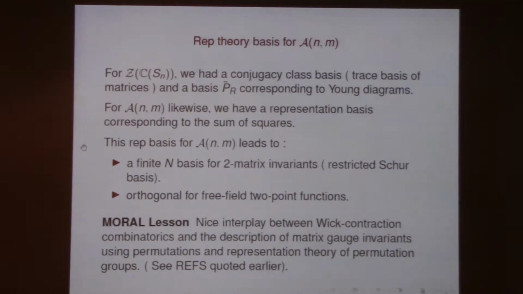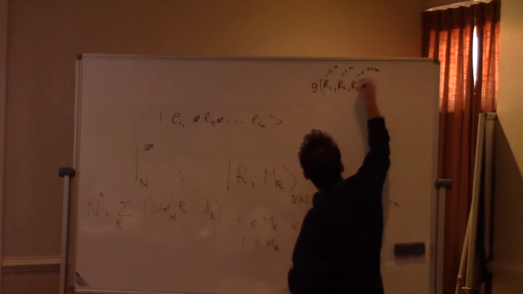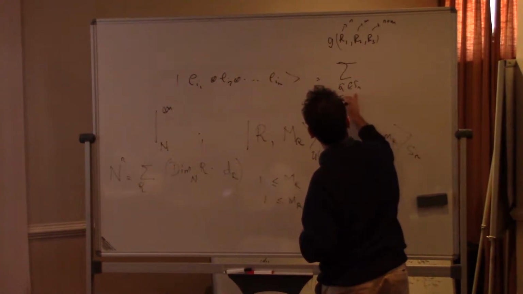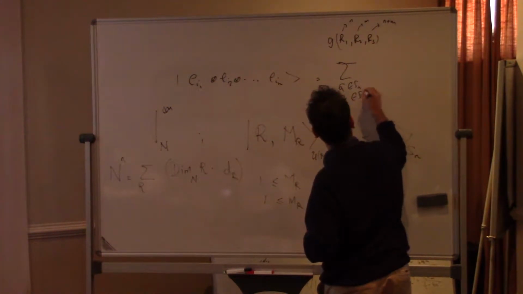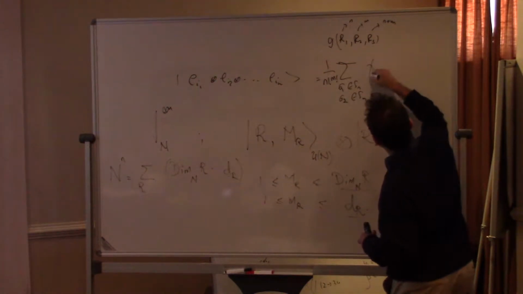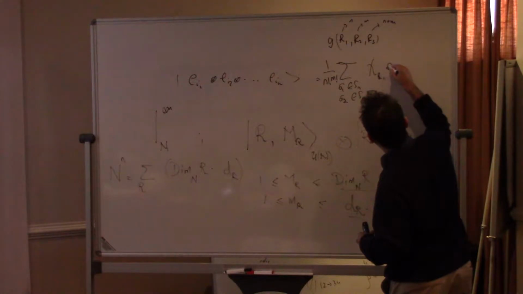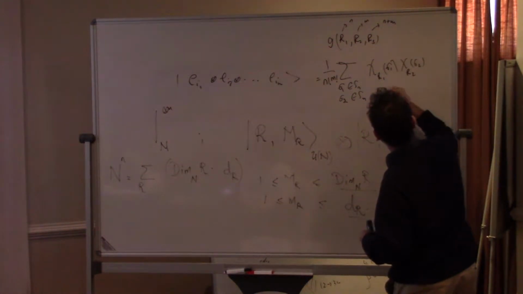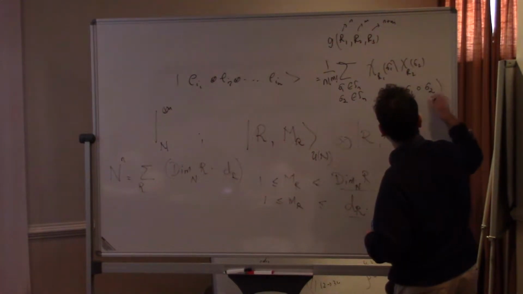You have something like g(R1, R2; R3), the Young diagrams with n, m, n plus m boxes. So you can take sigma 1 in Sn, sigma 2 in Sm, with 1 over n factorial, m factorial, times the character of sigma 1, the character of sigma 2, and the character of sigma 1 outer sigma 2.